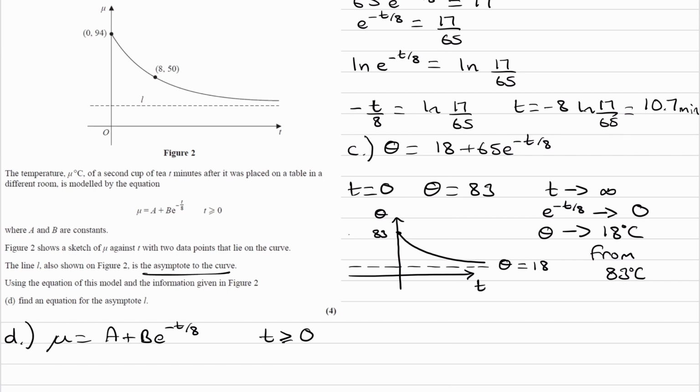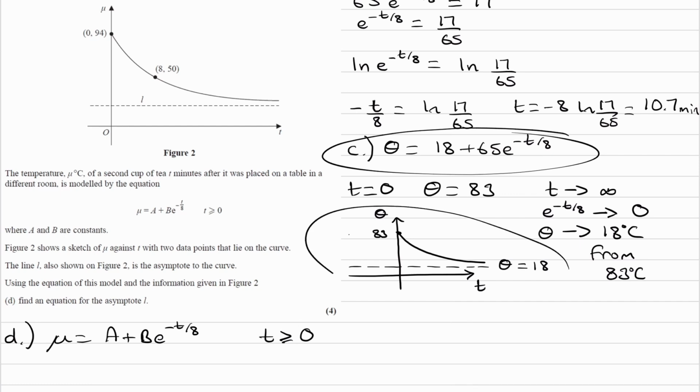Right, so use this equation to figure out the equation of the asymptote for L. So if we think about the previous question, so here's the hint for this part, for part D. If we think about the previous question, where we had this equation, notice what the asymptote was in that case.